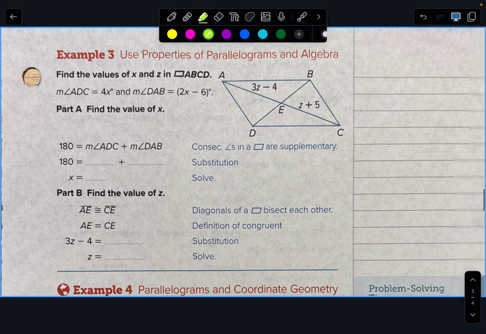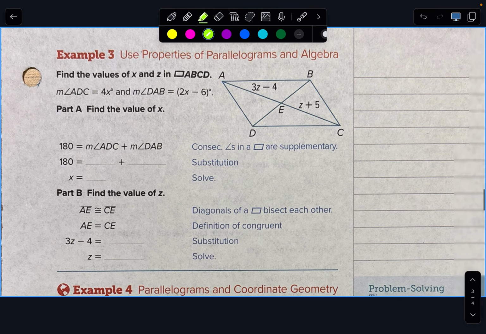First of all, it says that angle ADC is 4x. And angle DAB is 2x minus 6. What do we know about consecutive angles in a parallelogram?